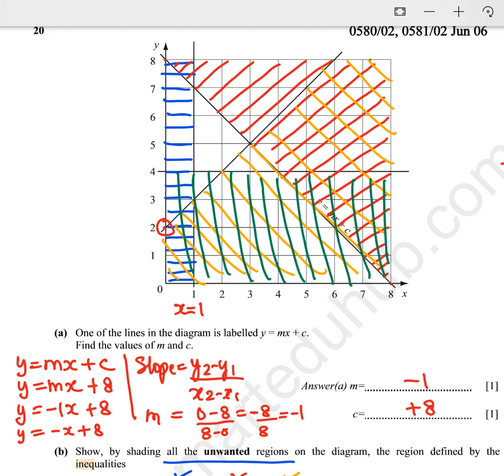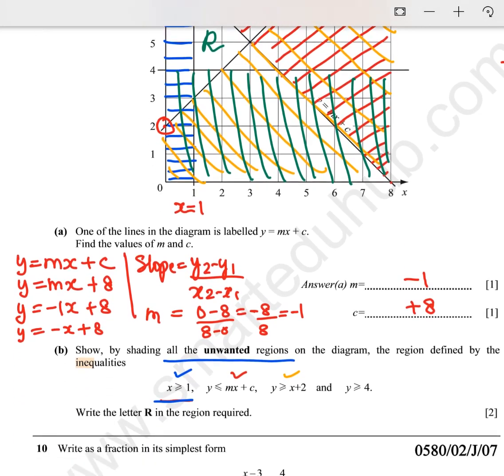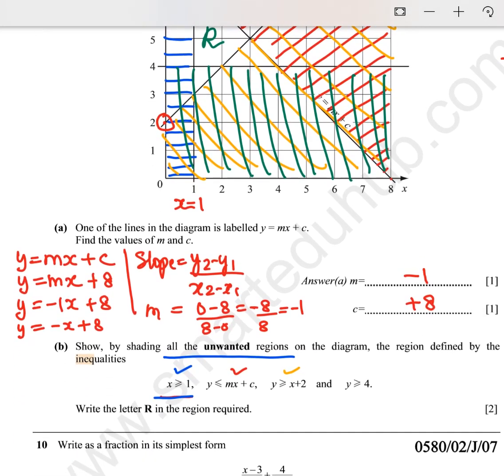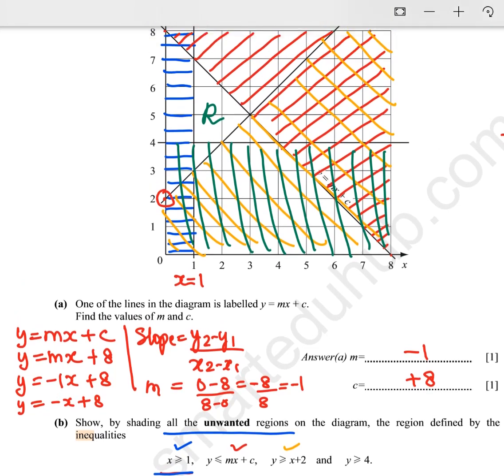So now there's a region I got which is unshaded, and this is my answer region, right? So be careful whenever they tell you to show by shading all the unwanted regions. That means unwanted regions are those regions which are not the answer regions, which are the wrong regions. So what is left unshaded in this diagram is the answer region.